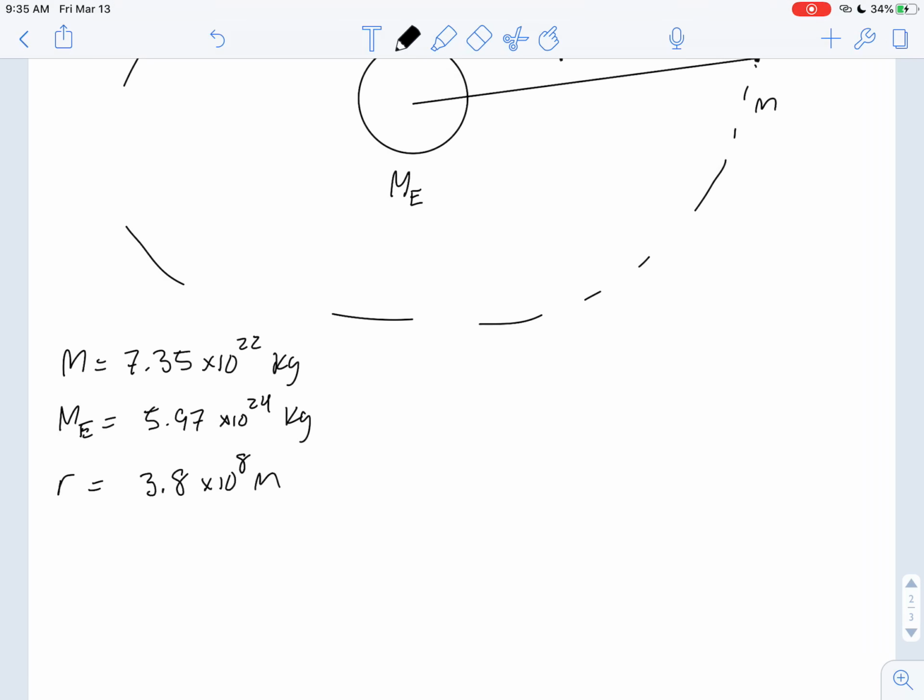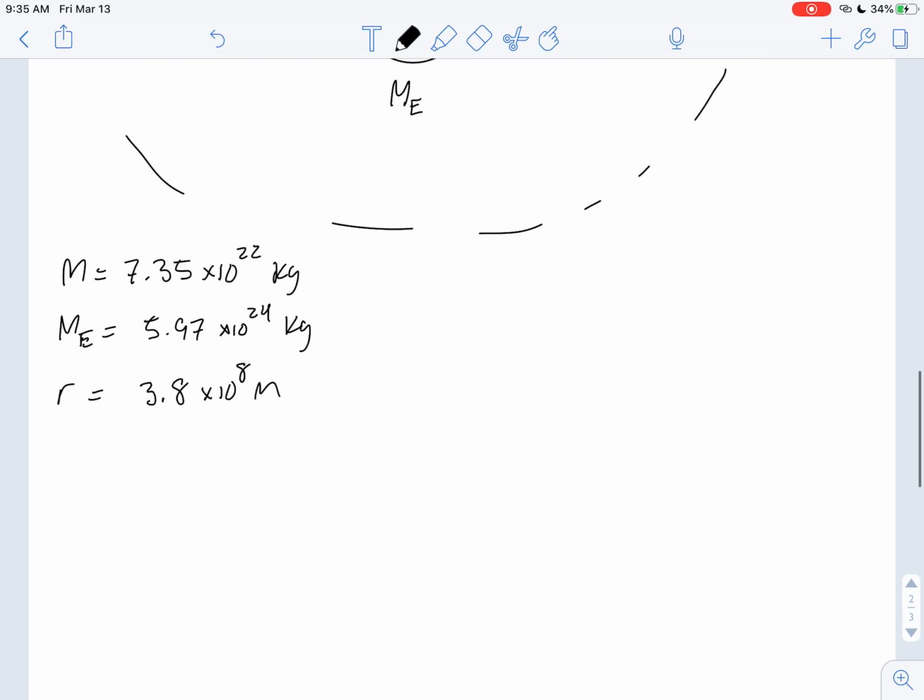All right, so first thing to do is find the force due to gravity. Force due to gravity is equal to big G times mass 1 times mass 2 over r squared. In this case the two masses would be the mass of the Earth and the mass of the moon, so we'll just plug those in. For big G, it's 6.67 times 10 to the negative 11 Newton meter squared per kilogram squared.